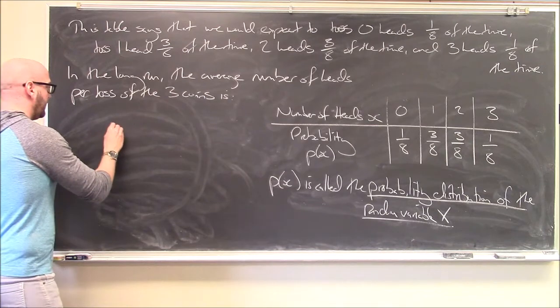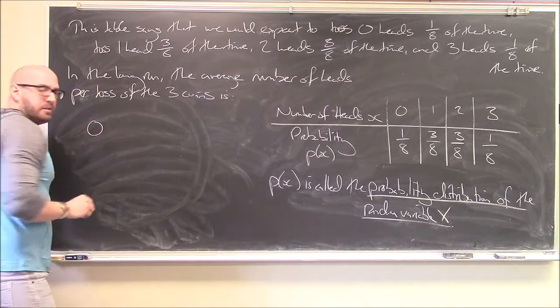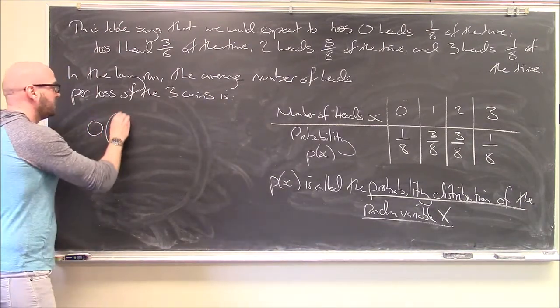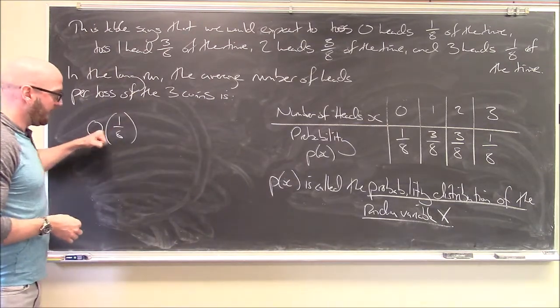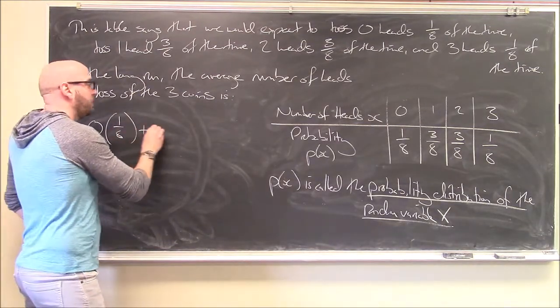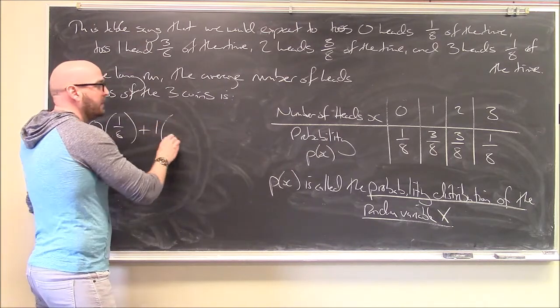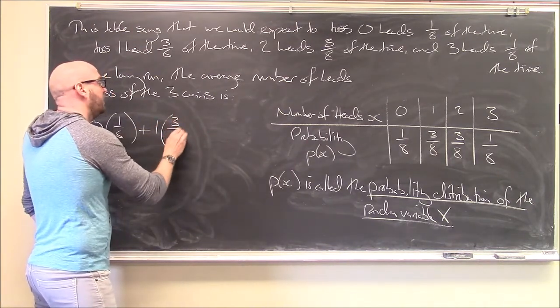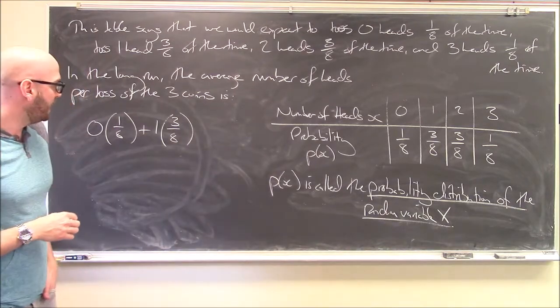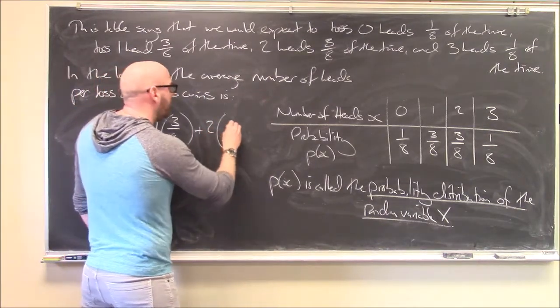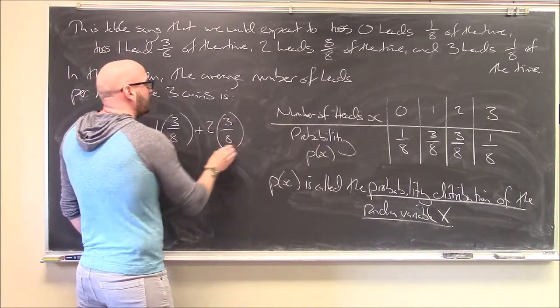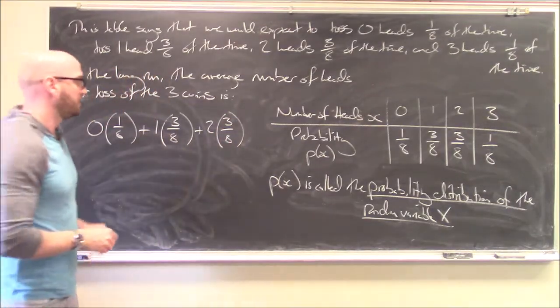So, for example, I've got 0 heads, well, that occurs 1/8 of the time. So I'm just going to weight the outcome of 0 heads by its probability. Plus I've got 1 head, that occurs 3/8 of the time, so I'll weight 1 head by 3/8. I've got 2 heads, that occurs 3/8 of the time, so I add plus 2 times 3/8.